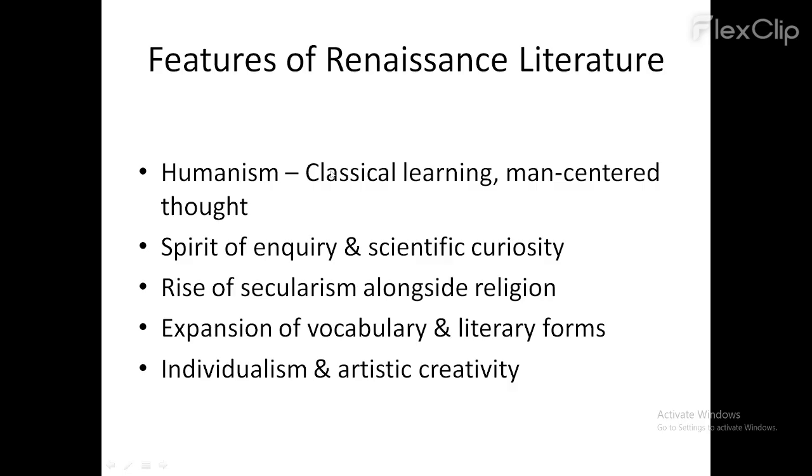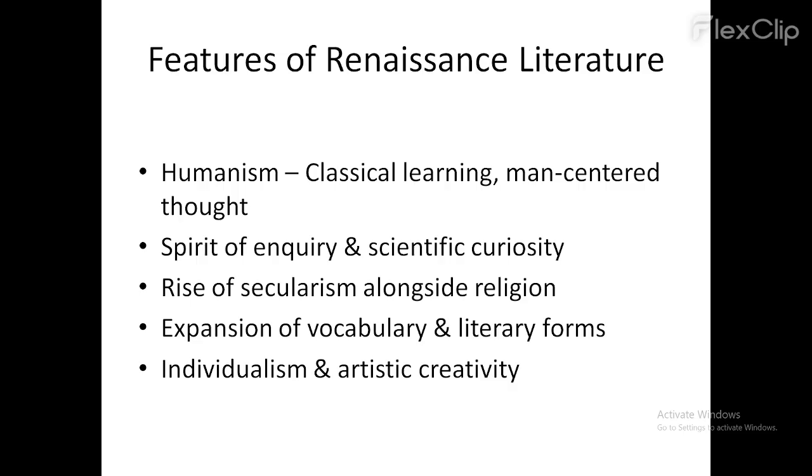Let us talk about some features of the Renaissance in literature. The main theme or focus of the Renaissance is to keep human beings at the center. Neither religion, nor science or technology, nor stars or astronomy, because human beings were suffering in the Middle Ages.